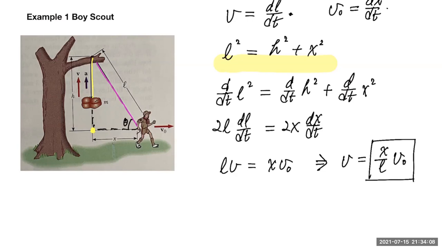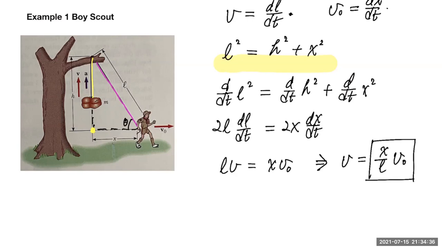On the other hand, as he walks further down, theta becomes smaller and smaller. When theta is very close to 0, the L part of the string, this hypotenuse, is virtually horizontal. So that is essentially the same direction as his direction of motion. So, as he walks, say, forward by a distance of 1 meter, L is going to lengthen by essentially 1 meter.